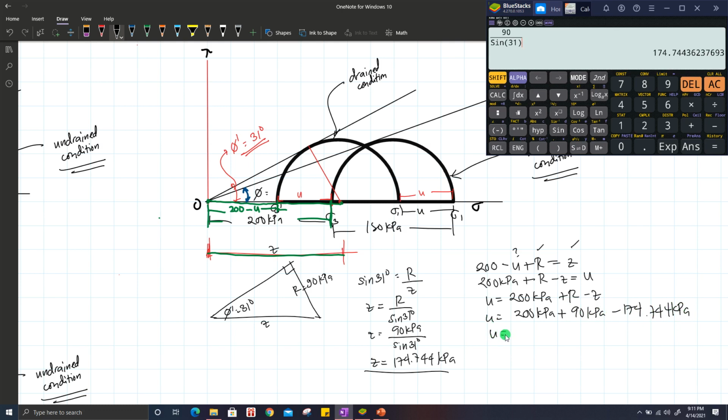So, U is equals to 200 plus 90 minus 174.744, 115.256. So, yan ang ating pore water pressure.